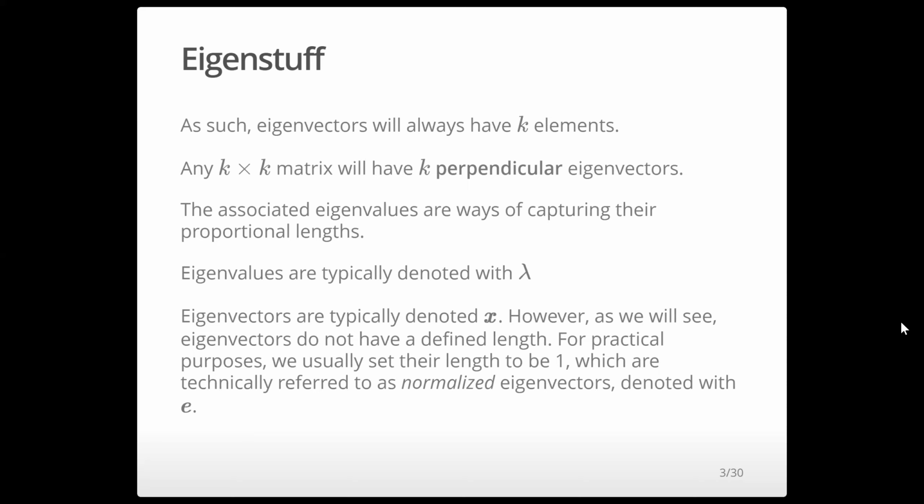But as we'll see, the eigenvectors don't have an inherent defined length. The eigenvalues determine their proportional length, but any individual eigenvector has infinite possible values for its length. It's really just a direction. So for practical purposes, when we're just talking about the eigenvectors, we often set their length to be 1, and then we refer to this as a normalized eigenvector denoted with E.